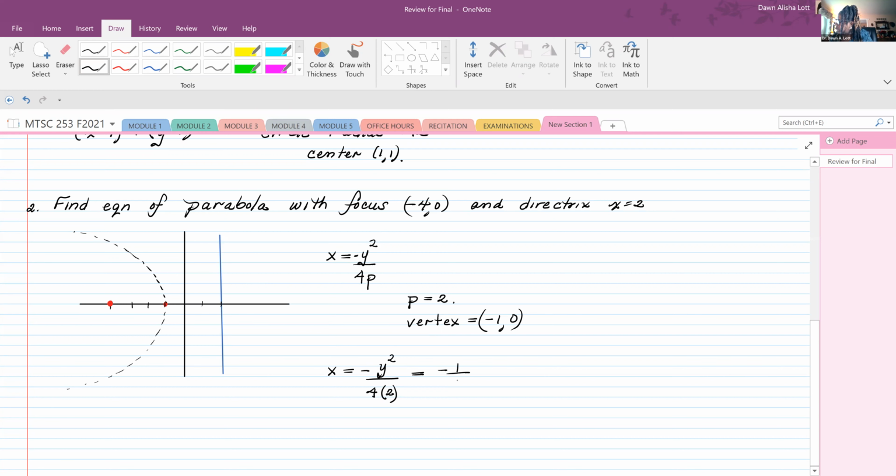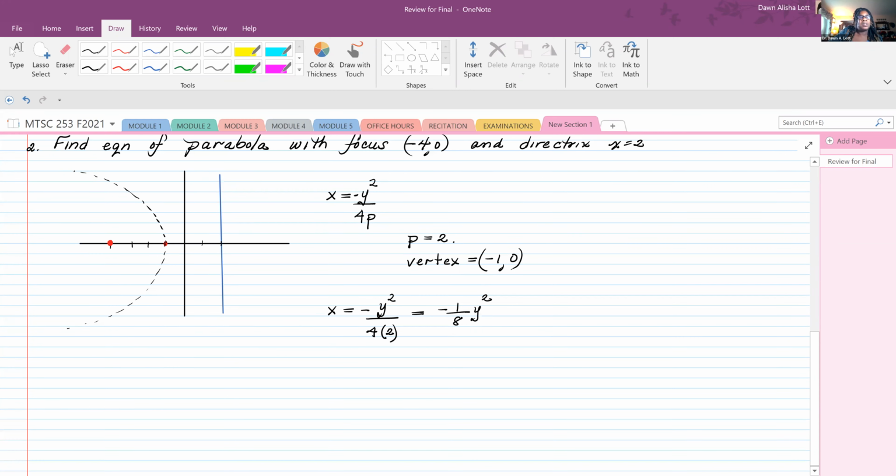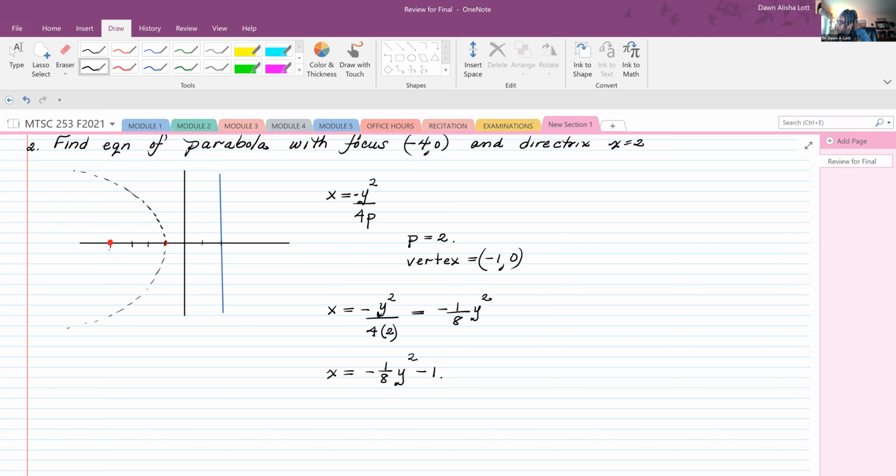So it will be -1/8 y squared. And then the vertex is -1, 0. So therefore, when y is 0, x is equal to -1. So you would get x is equal to -1/8 y squared -1.